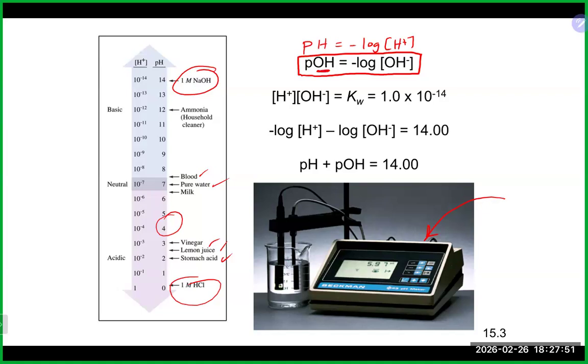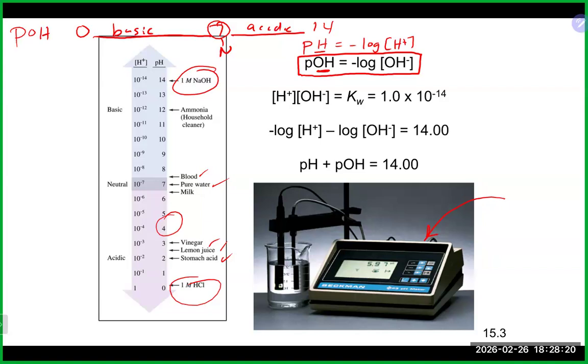In order to calculate the pOH, you need the OH minus concentration, just like to calculate the pH, you need the H plus concentration. Now, the pOH scale runs from 0 to 7 to 14. Less than 7 is basic on the pOH scale. Above 7 is acidic, and 7 is still neutral.